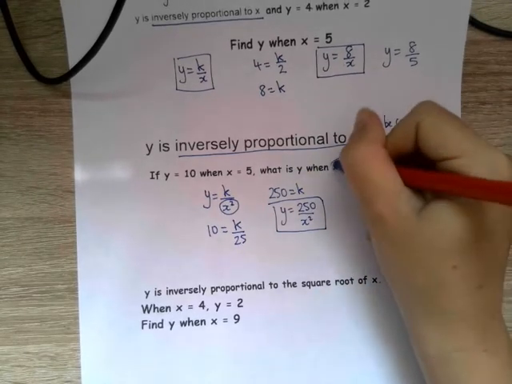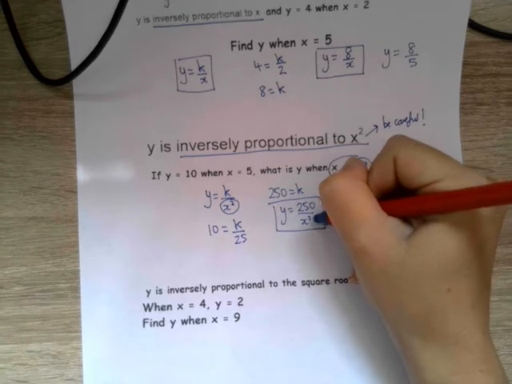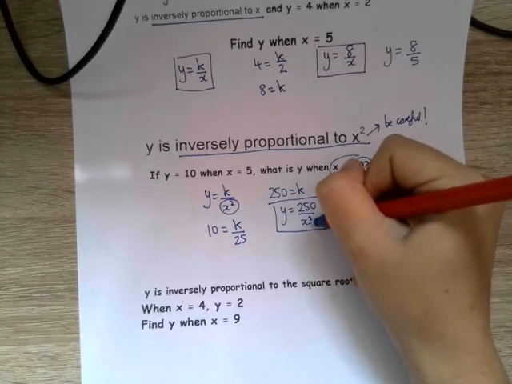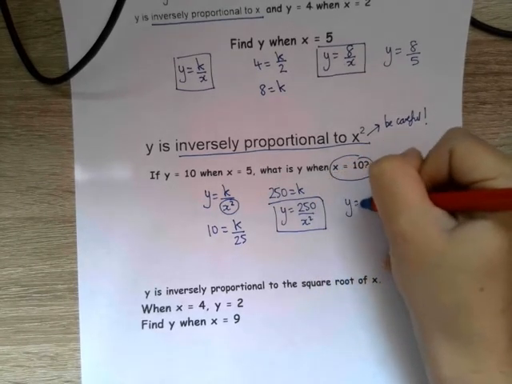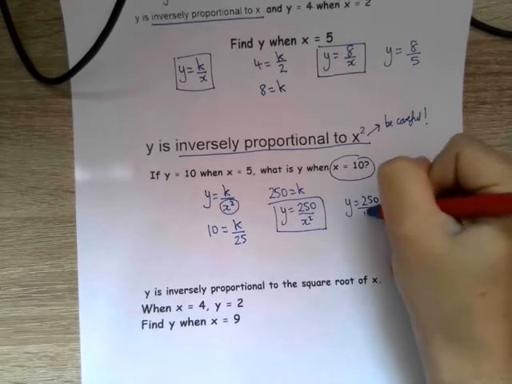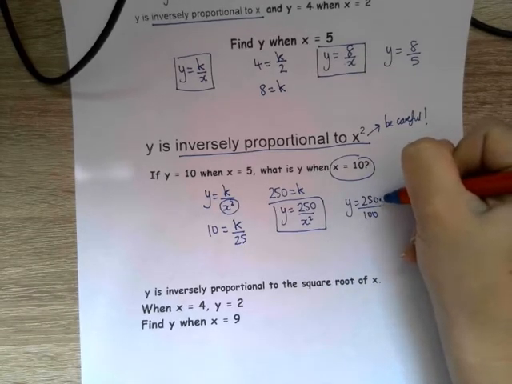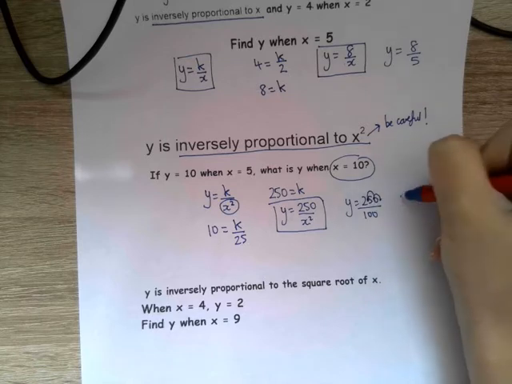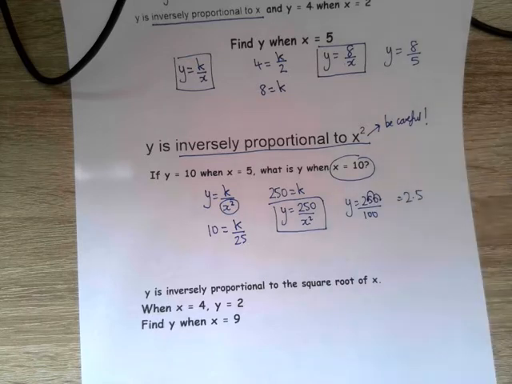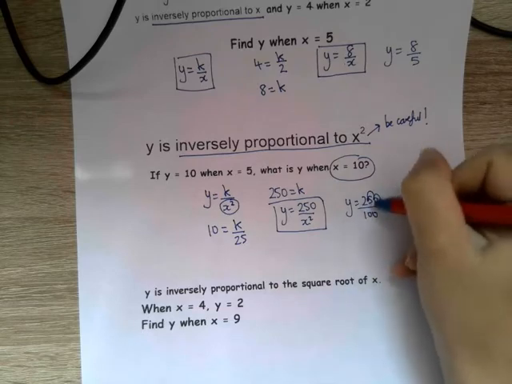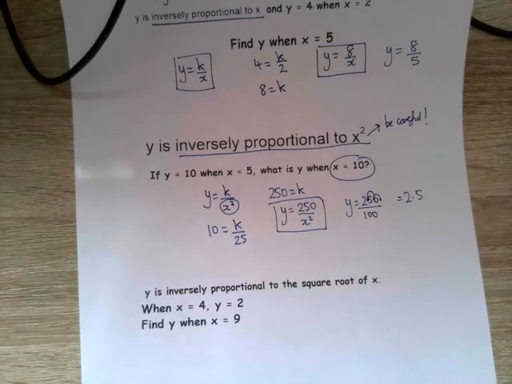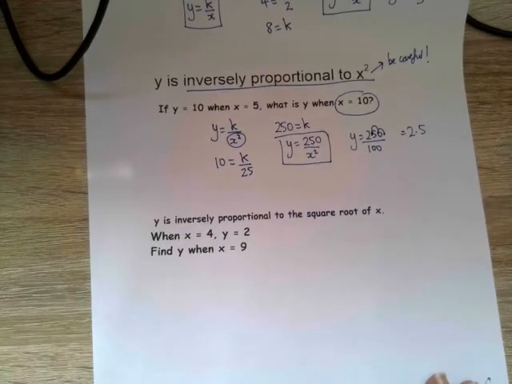So again, I can't just put 10 in there, it's x squared, I need to square it. So 10 squared is 100, so it'd be 250 divided by 100, which is quite easy to work out, isn't it? If I divide by 100, I can just put a point at the end and move it back, so it would just be 2.5.